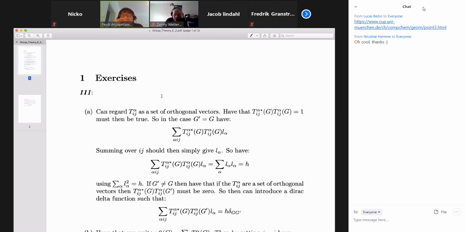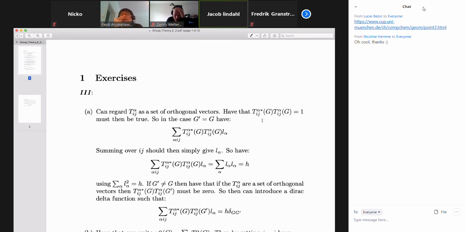Please, let's continue. Okay, so from the orthogonality, if we have the same J, then this should be 1. What do you mean by this thing here? Well, this should just be the inverse of this, and then that should be 1.